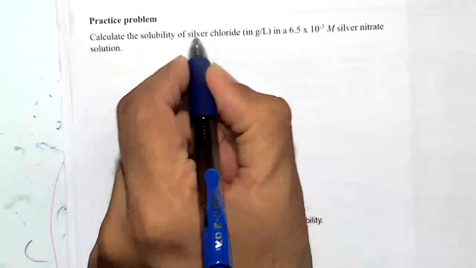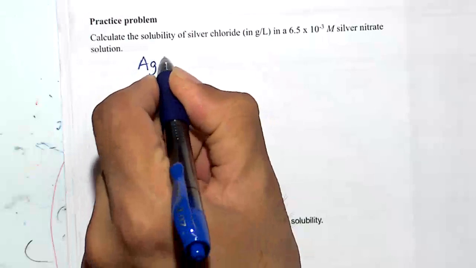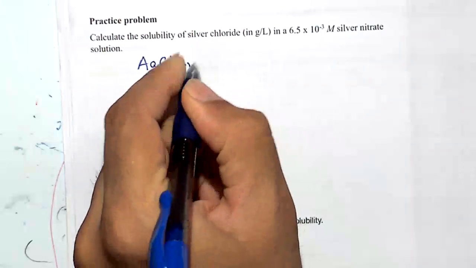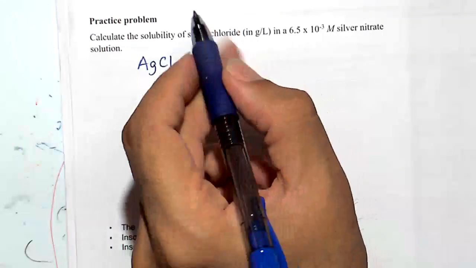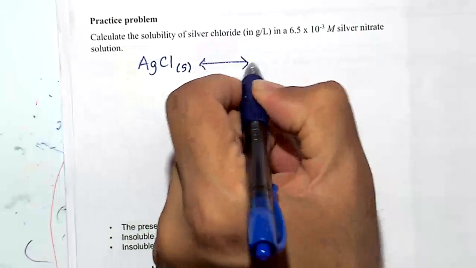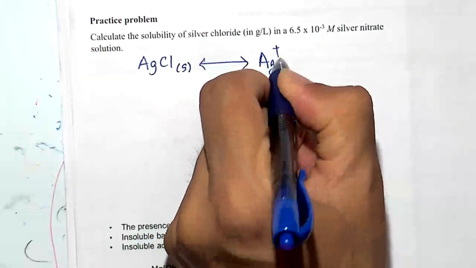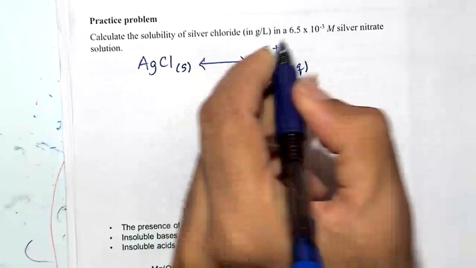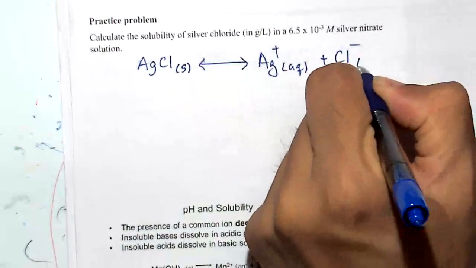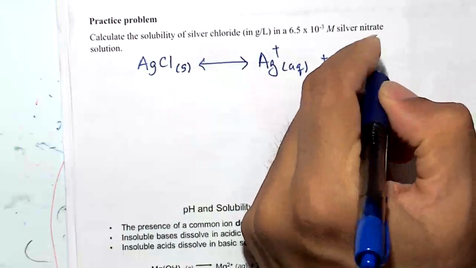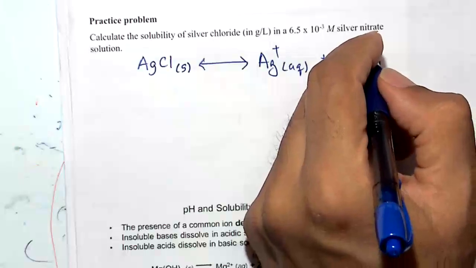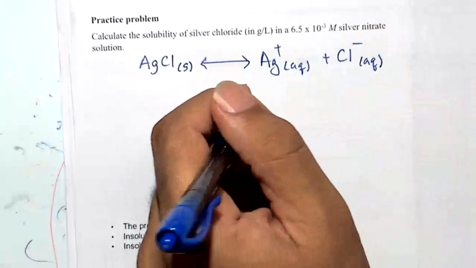All right, so silver chloride is AgCl. This is a solid that's in an equilibrium with Ag+ and Cl-. Some of it will go this way, but remember this is not in water.